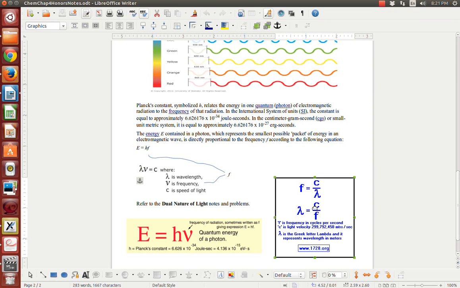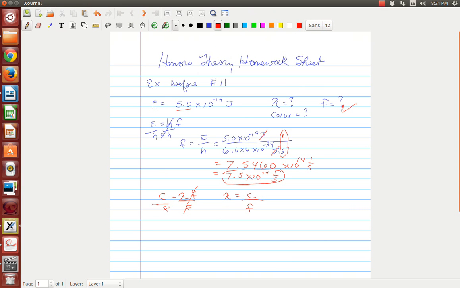Wavelength is the speed of light divided by frequency. It's right there. All right, now let's put in the values: 3 times 10 to the 8th meters per second divided by the frequency of 7.5 times 10 to the 14th, 1 over s.